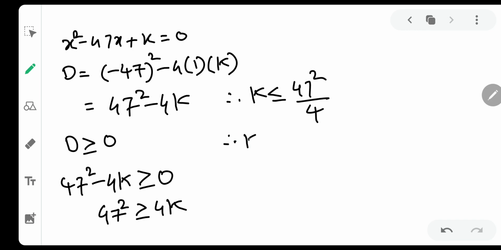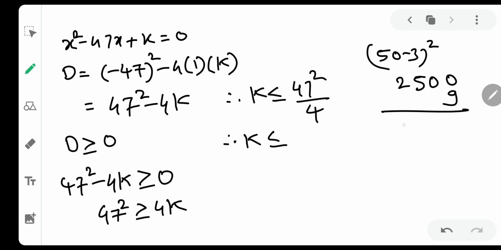Now it has become mandatory for me to calculate this 47 square. I will calculate it using 50 minus 3 the whole square: 2500 plus 9 is 2509, minus 300, so basically it is 2209.